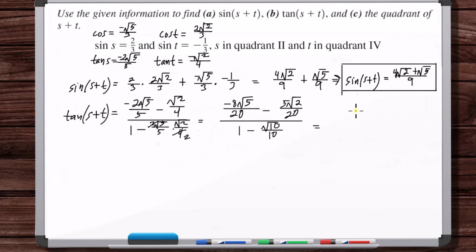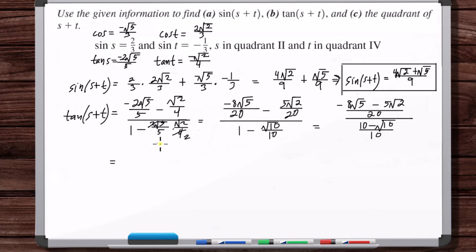So minus 8 root 5 minus 5 root 2 over 20. And then we can change this 1 to 10 over 10. So that gives 10 minus root 10 over 10.